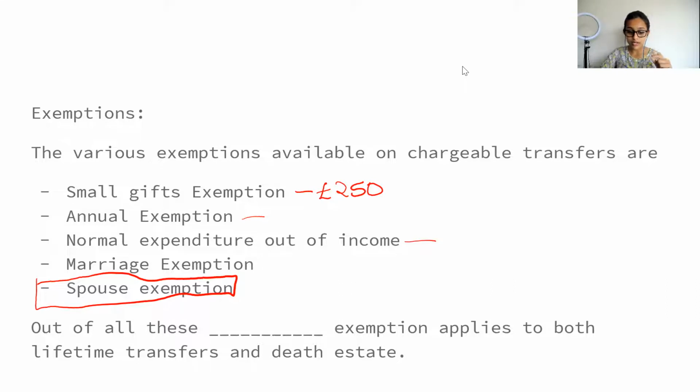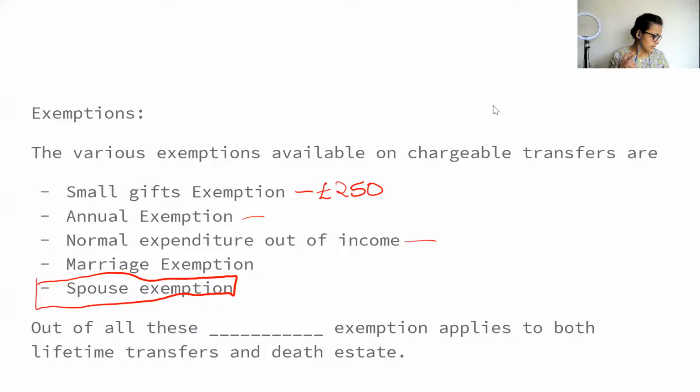In the BPP revision kit, there's a question called Zoe and Luke, and in the information about Luke, it's written that Luke had also paid his son's university tuition fees in each September 2018. That is an example of normal expenditure out of income.